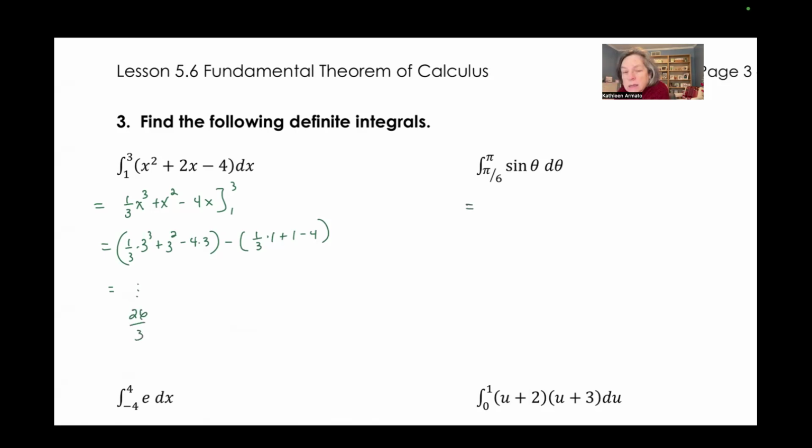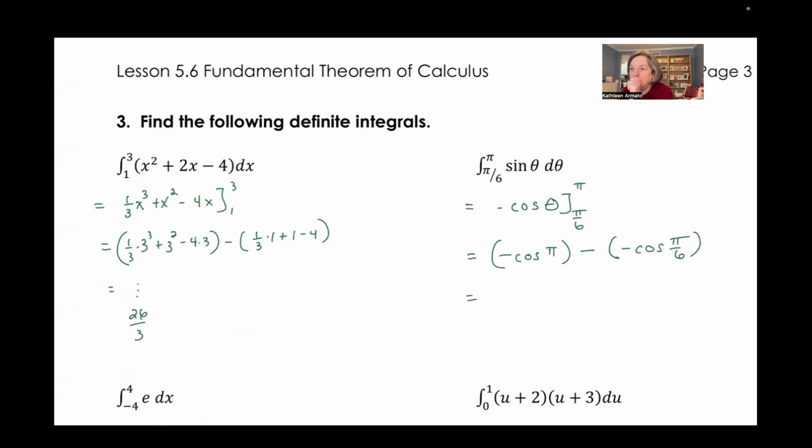Integral of sine is, well, integral of sine is cosine. Is it positive or negative? I hope you said negative. From pi over 6 to pi. So it's minus the cosine of pi minus cosine of pi over 6.